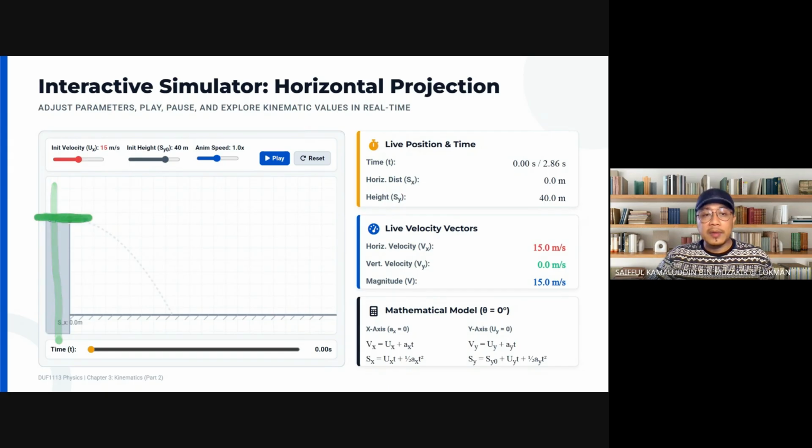So this will be our SY, not SX. SX is this one, SY is this one. I know that the ball lands over here, but if you look from the Y-axis, the Y position of the ball is actually over here. So this is our SY. It is negative 40 meters because the ball drops downward.